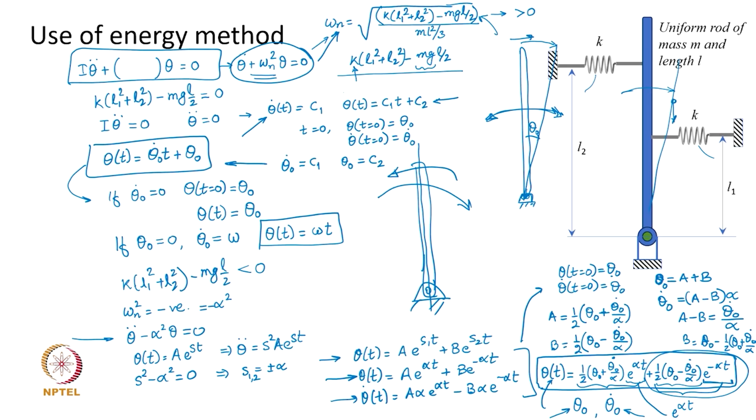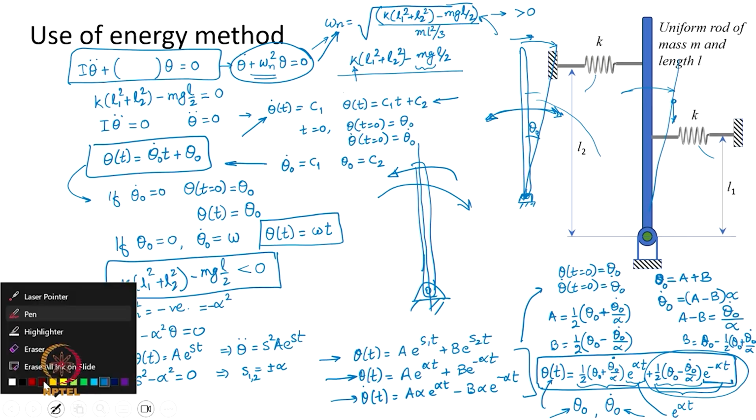So, which actually means that when this particular condition is satisfied, you have an unstable vibratory response, right, irrespective of what the initial displacement or initial velocity is. Which means here that if the rod is disturbed, it will continue to move as time progresses, right.